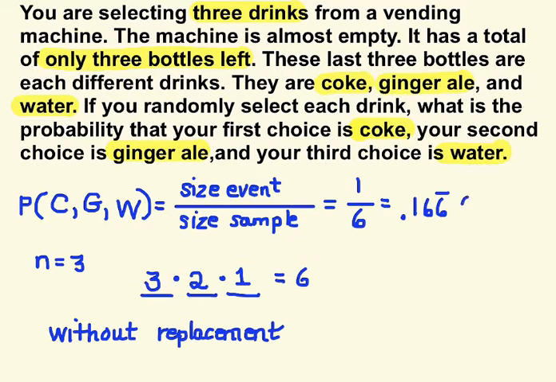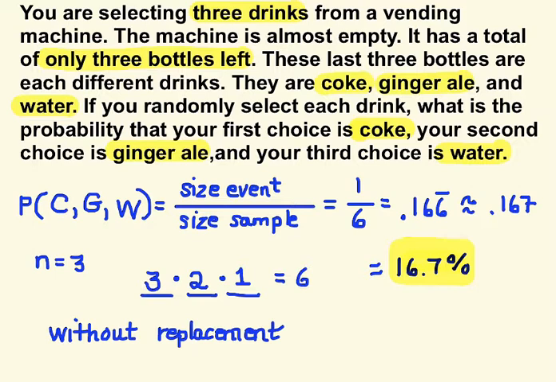Okay, so we can sort of round this off to 0.16 and make the last 6 a 7. We round to 3 significant digits. And if we want to put this in percentage, we will move our decimal point over twice, and it's 16.7%. So 16.7% is the probability that we will select in our first round, if we randomly select each of the 3 drinks, that we will select first Coke, then ginger ale, and then water.